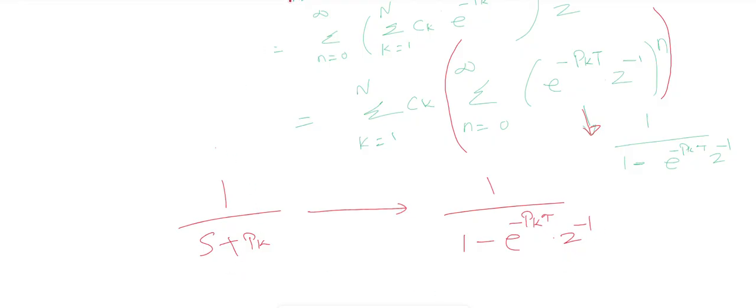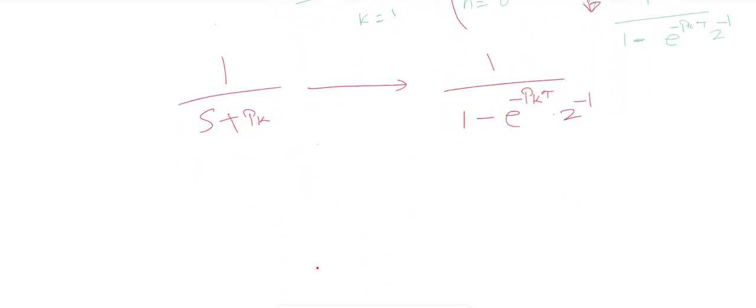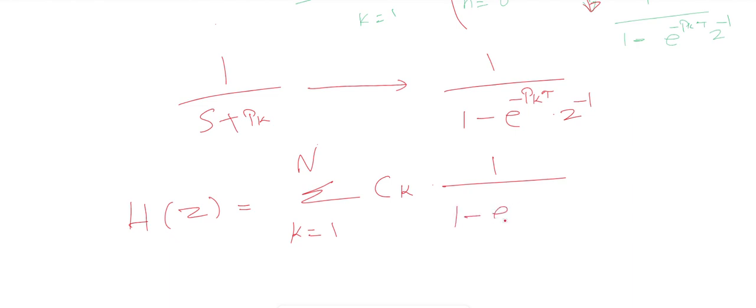So now h of z can be written as the summation of k equal to 1 to N of ck into 1 divided by 1 minus e power minus pk T z power minus 1, T being the sampling period. So this is the impulse invariant technique.